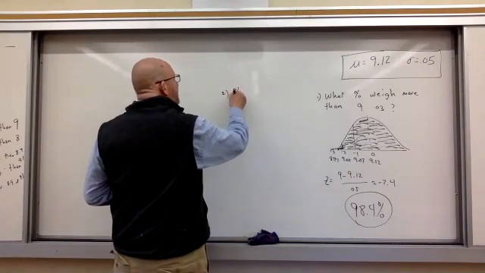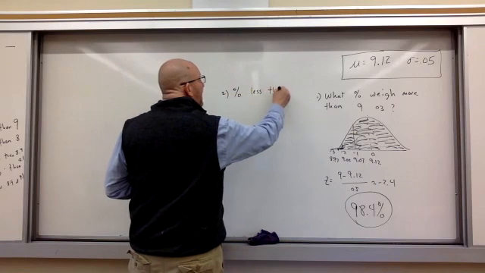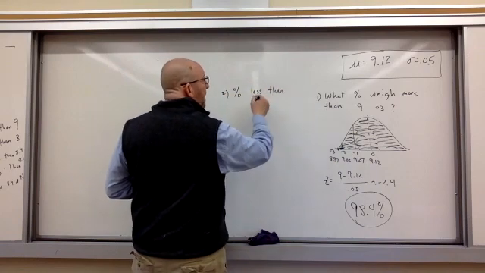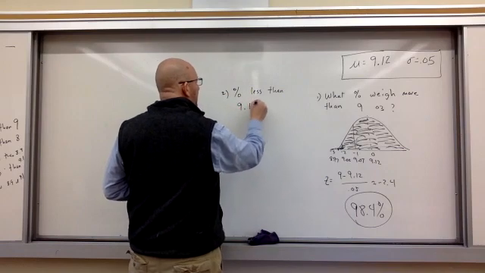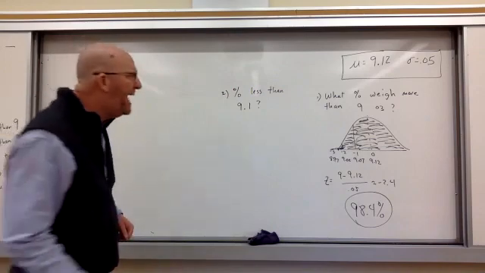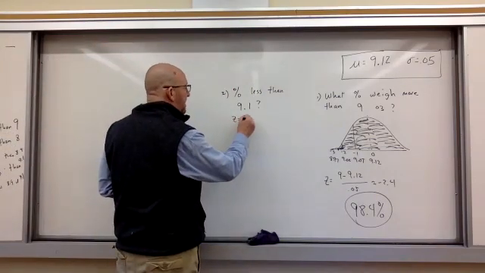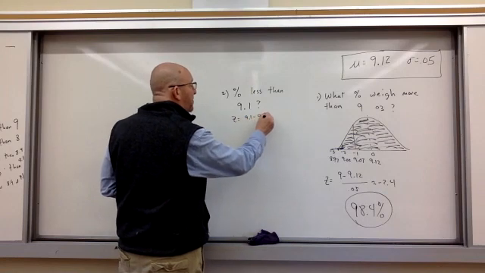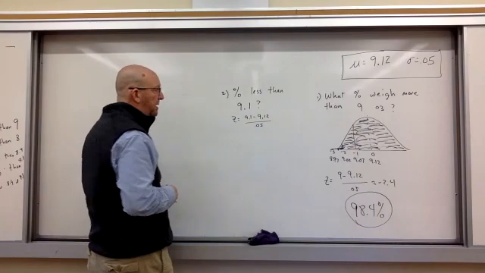All right, let's do another question. How about find the percent that weigh less than, let's go 9.1. What percent weigh less than now? Think about where that is. We're going to z-score that. 9.1 minus 9.12 over 0.05.